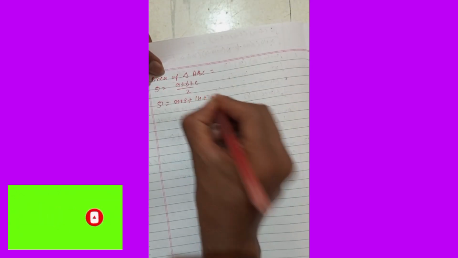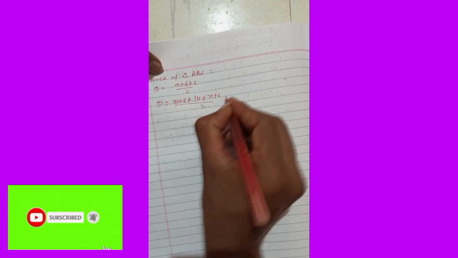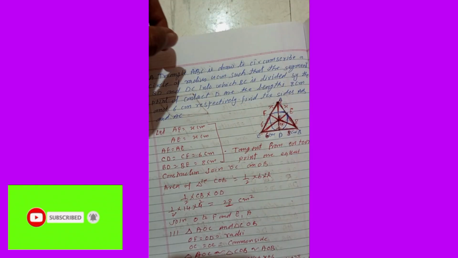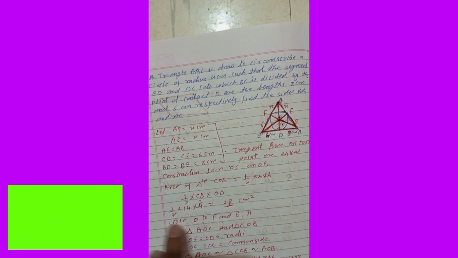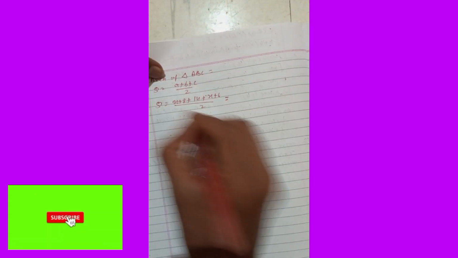A side is x plus 8, plus B given as 14, and C given as x plus 6, by 2. We already did this, but again we are writing it because of the page change.